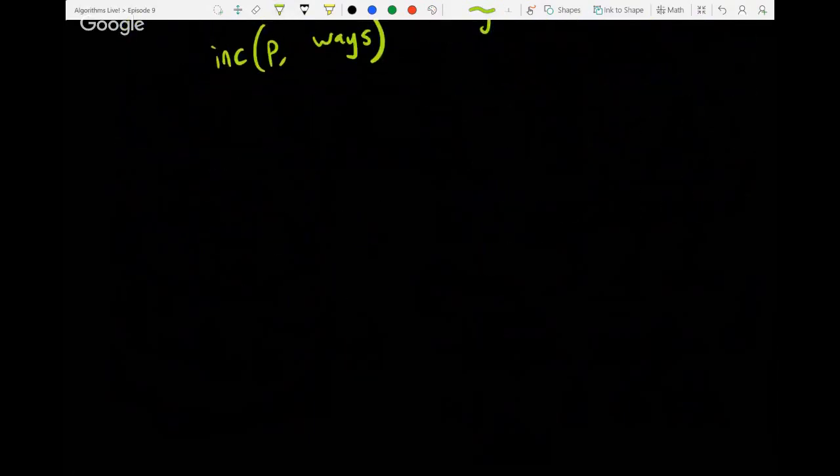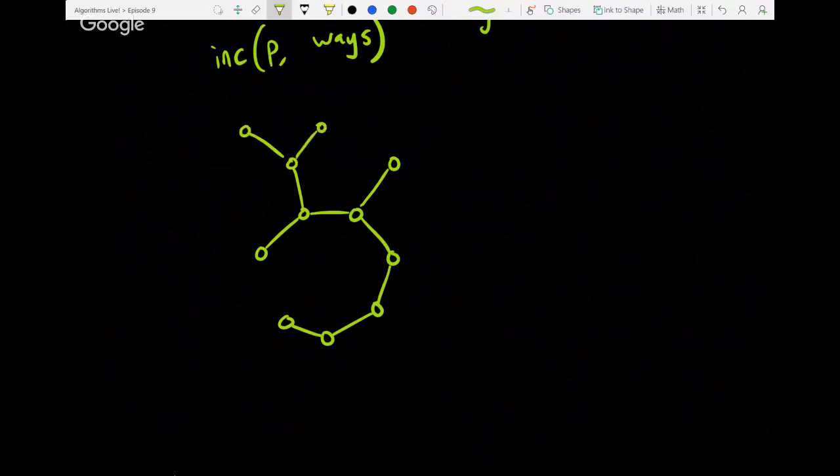Okay, so let's look at this problem. Our third problem tonight, or I guess fourth problem, is let's say we have an almost tree. If you look back at episode 1, I talked about this problem. We asked ourselves, could you find the diameter of a tree in O(n) time?